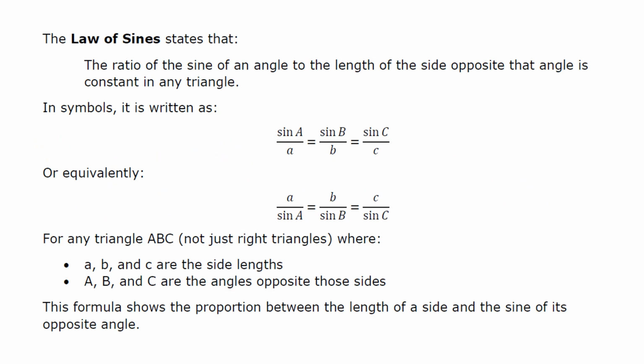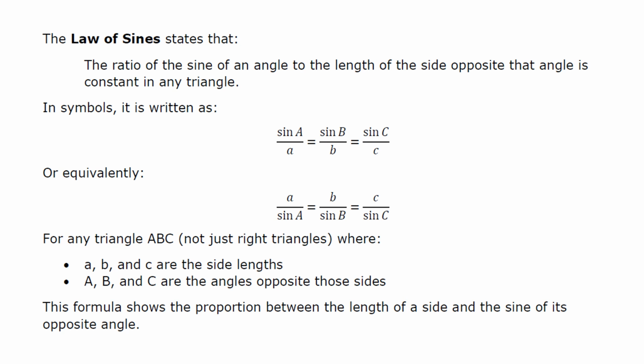So the law of sines states that the ratio of the sine of an angle to the length of the side opposite that angle is constant in any triangle. So in symbols, it is written as the sine of A over lowercase a, the sine of B over lowercase b, the sine of C over lowercase c, or equivalently their reciprocals.